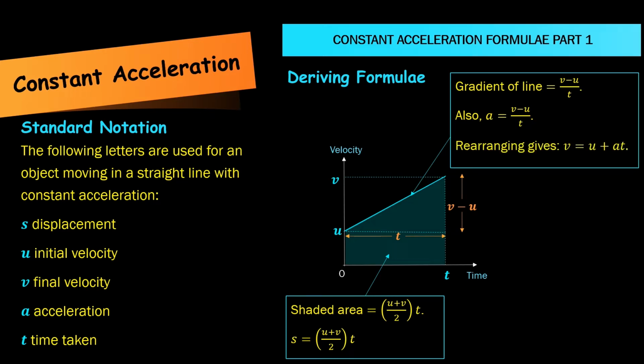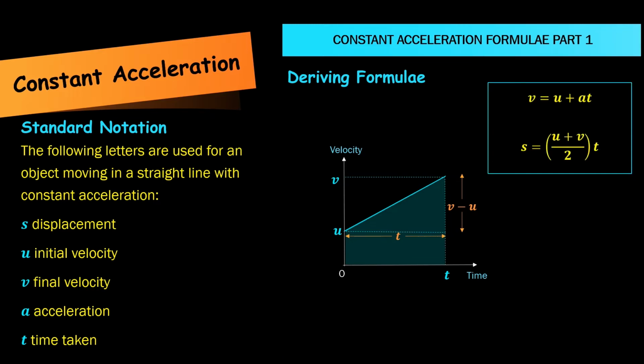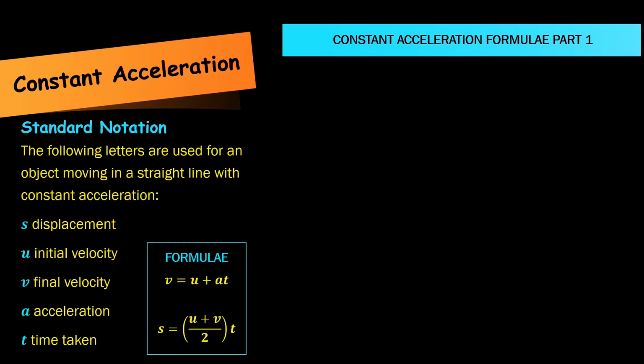We can rearrange this formula to give us v equals u plus at. So we have these two very important formulae as highlighted on the screen. We're going to use these formulae to help us with our examples.